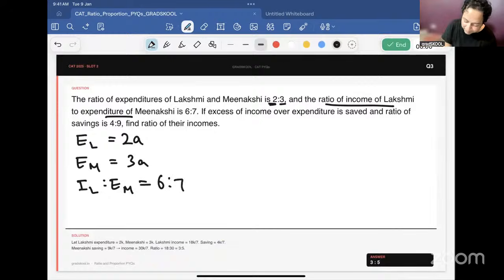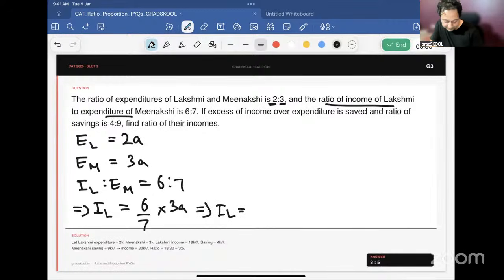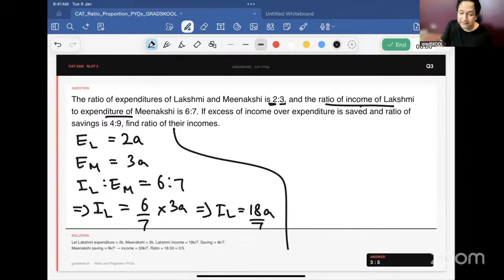So income of Lakshmi is 6/7 times EM, and EM is 3A. So income of Lakshmi is 6 into 3, 18 times A upon 7. Is that clear now? Everyone?